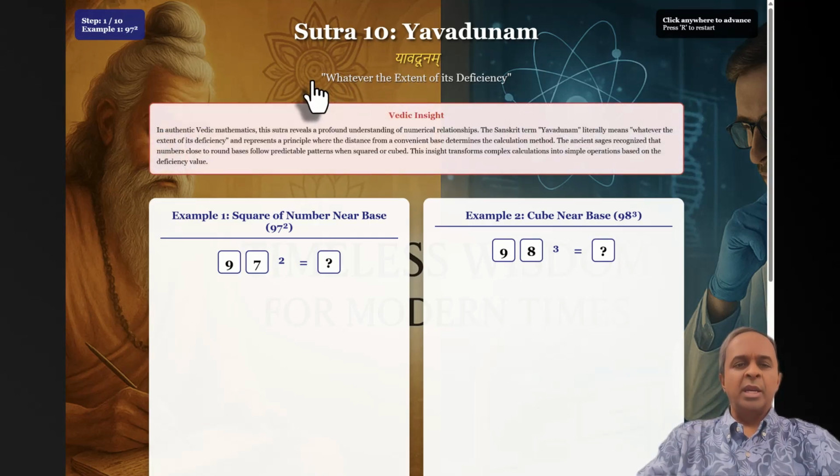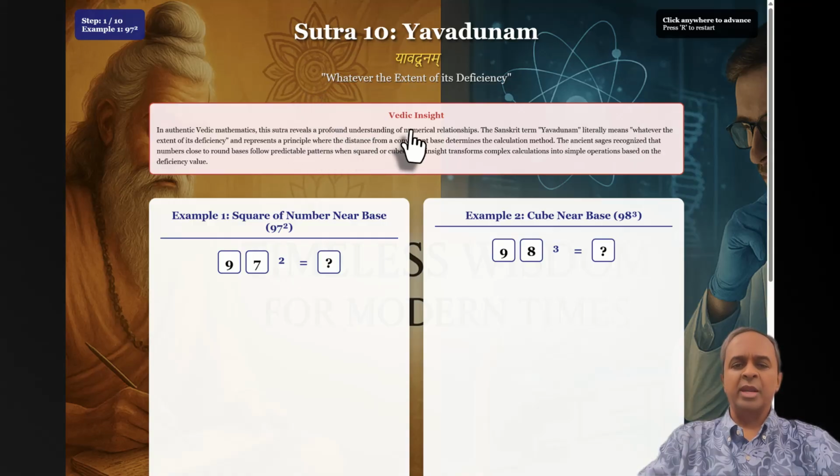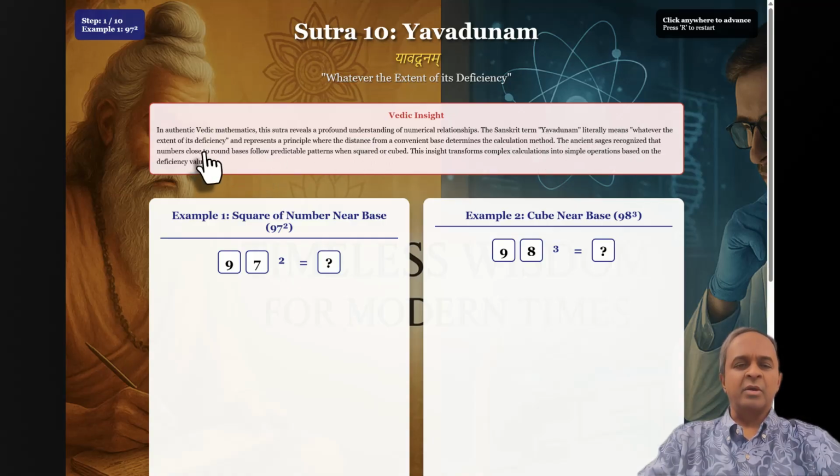So in authentic Vedic mathematics, this sutra reveals a profound understanding of numerical relationships, like any other sutras we have gone through. The Sanskrit term Yavadunam literally means whatever the extent of its deficiency, and represents a principle where the distance from a convenient base determines the calculation method.